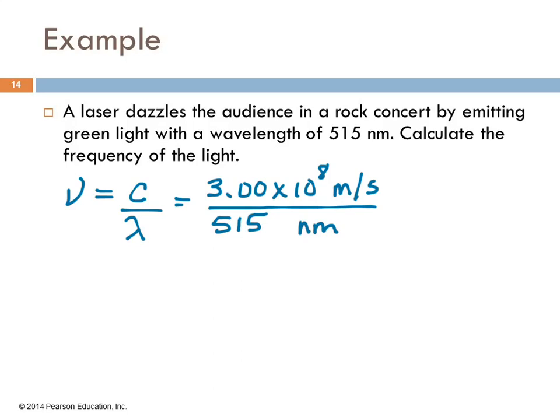Here's a shortcut for doing a conversion here. Instead of writing nano, the n, what if I write what it means? It means 10 to the minus 9th, right?